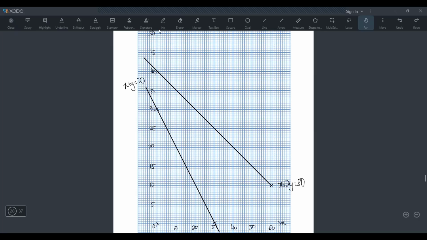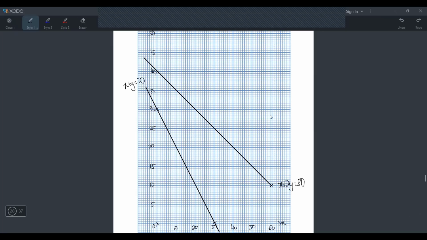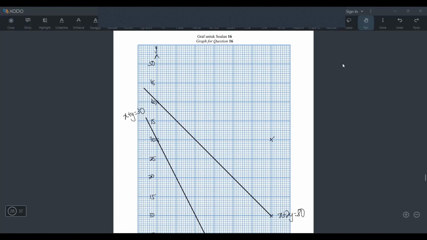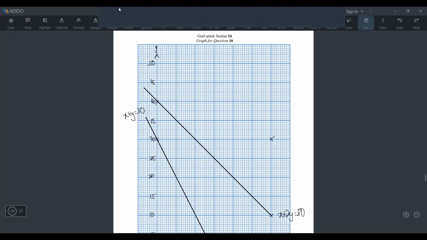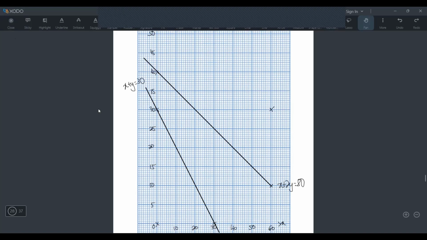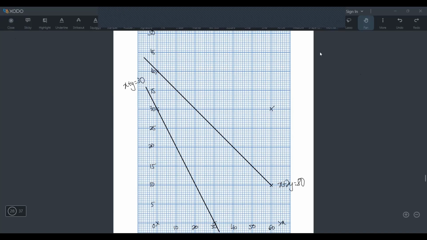So now we know already (0, 0) and (60, 30). Very simple. Just go to (60, 30): 60 here, 30 here. And don't forget, this one joins with which point? It joins with (0, 0).